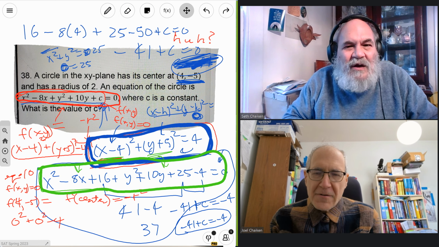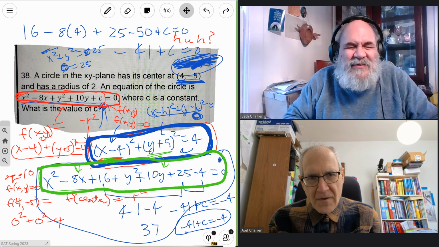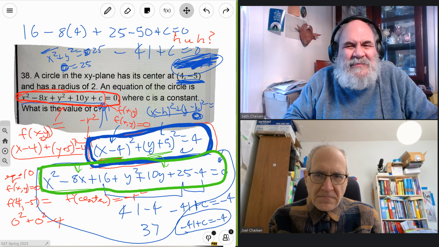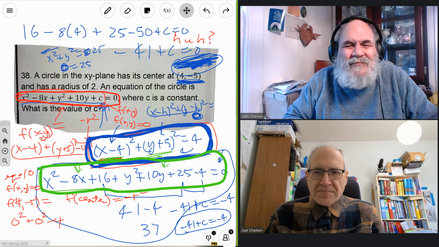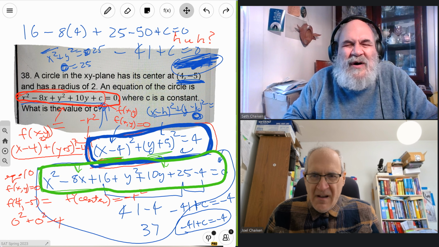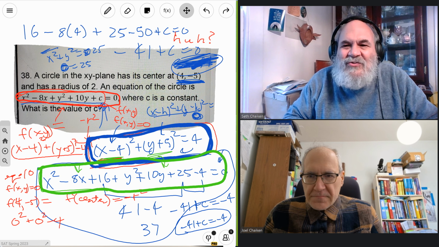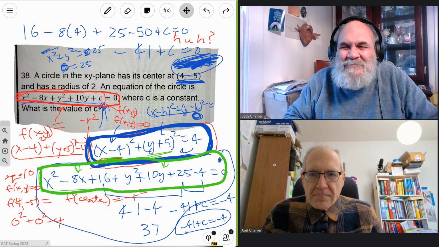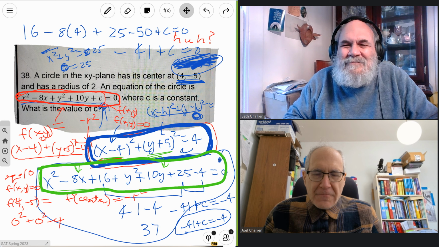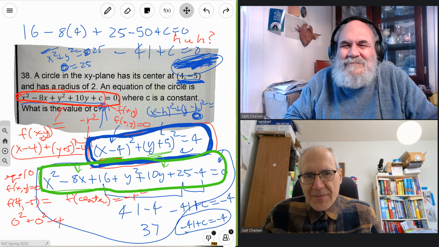What's unusual about this question is that they give you extra information. Suppose they didn't tell you that the center was 4, -5, and all they did was give you the equation with the C, and they told you the radius was 2. Find C. You could do that. They may have debated that while they were making the test.